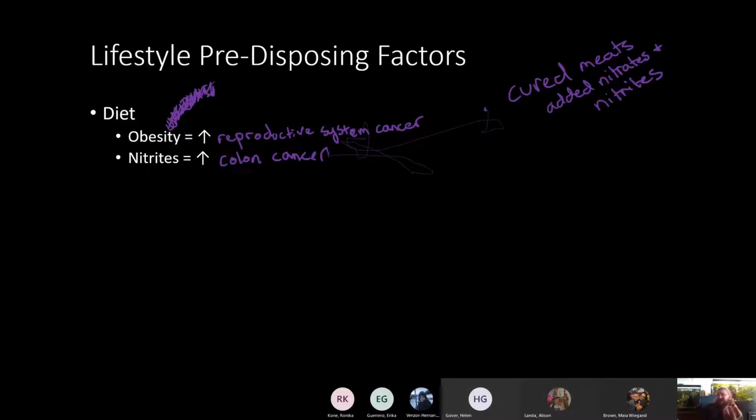Botulism toxin is deadly. Even in relatively small concentrations, what it does is it causes muscle cells to be unable to contract. So a muscle cell relaxes and then cannot contract.